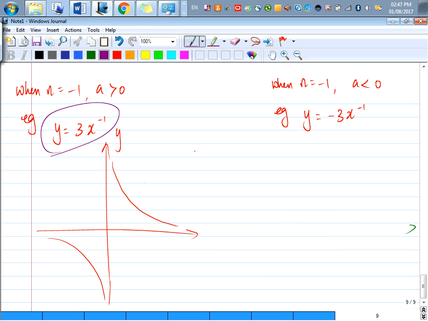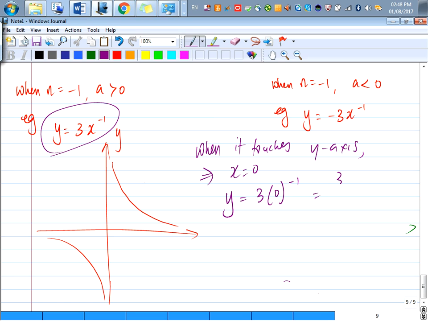Okay, let's try. When it touches the y-axis, what does that tell me? What is the x value? x equals to 0, right? When x is equal to 0, y is equal to 3 times 0 to the power of negative 1, right?